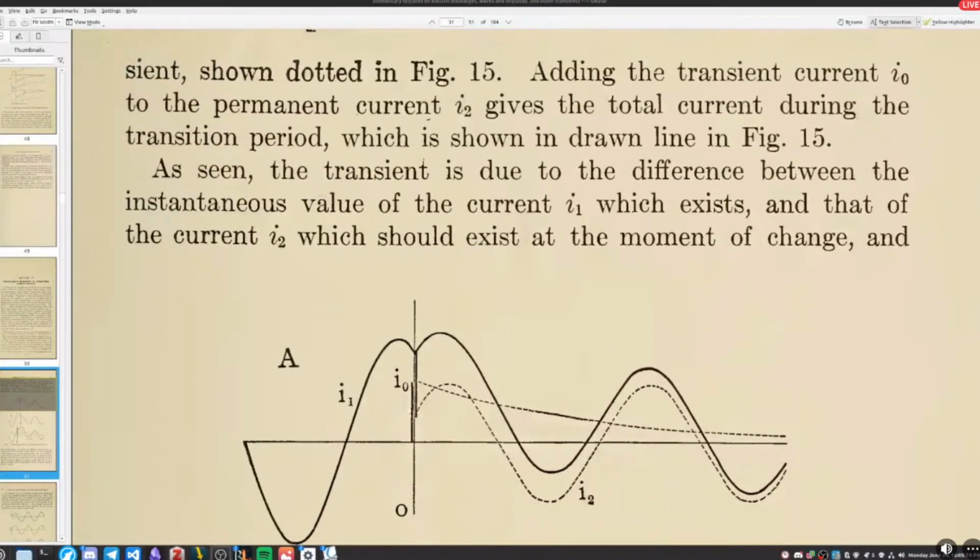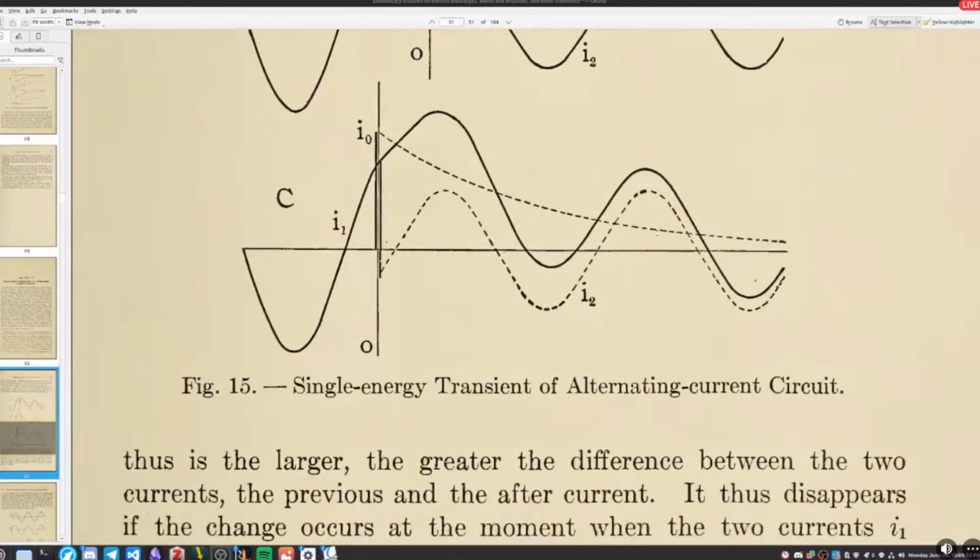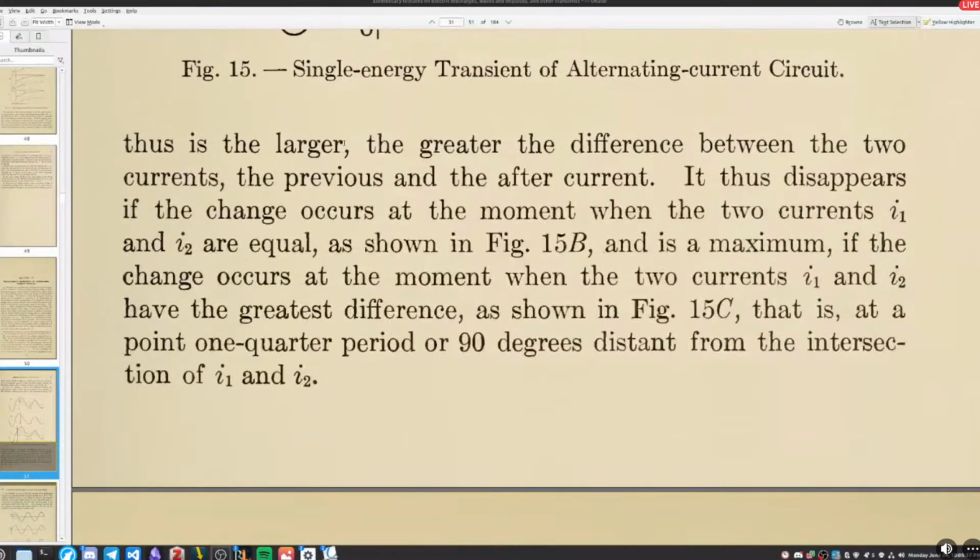As seen, the transient is due to the difference between the instantaneous value of the current I sub 1, which exists, and that of the current I sub 2, which should exist at the moment of change, and thus is the larger, the greater the difference between the two currents, the previous and after the change.